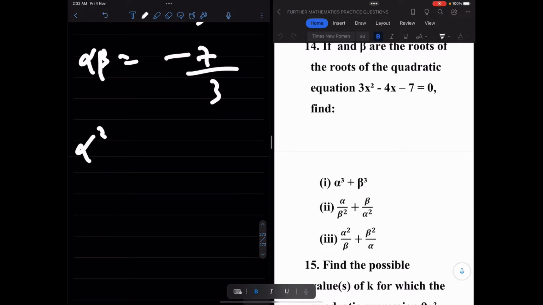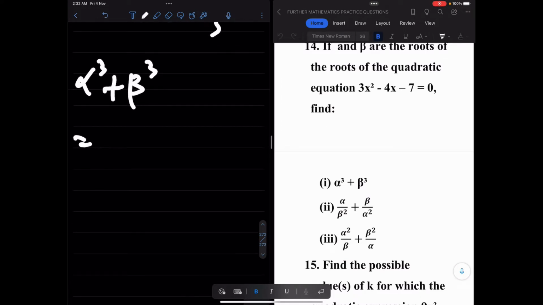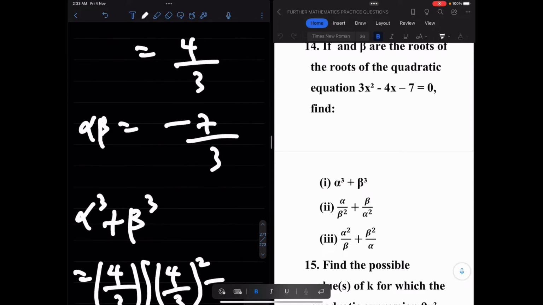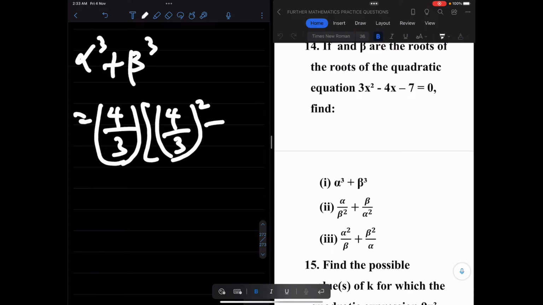So alpha cubed plus beta cubed is equal to alpha plus beta, which is 4 over 3, times alpha plus beta all squared, which is the square of 4 over 3, minus 3 alpha beta, which is minus 3 times minus 7 over 3.